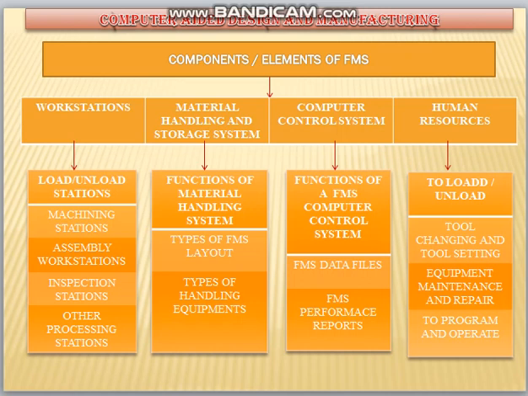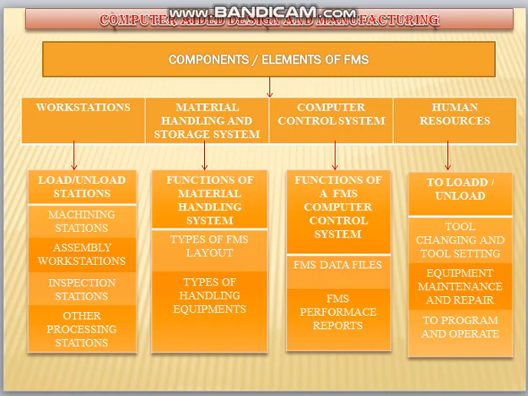Next, conveniently loading and unloading the work parts. All this is done in the functions of the material handling system. Next, in the case of FMS layout, there are five types of layout: inline layout, loop layout, ladder layout, open field layout, and robot centered layout.